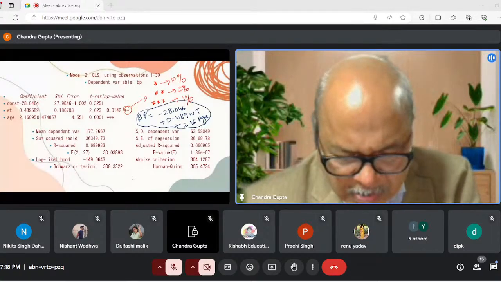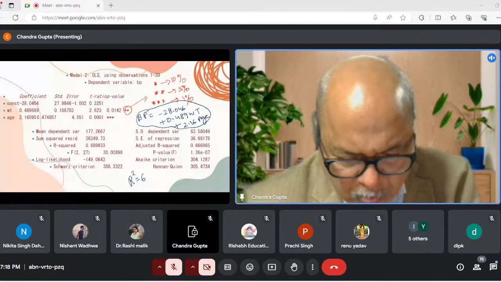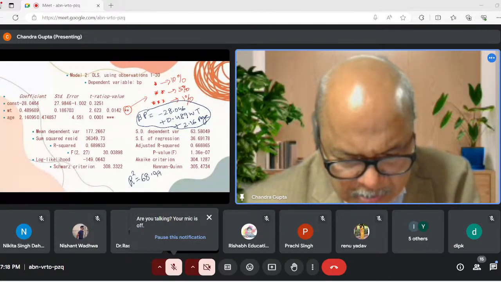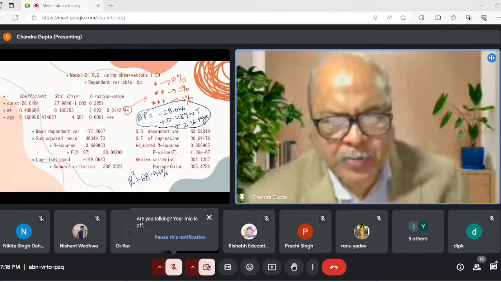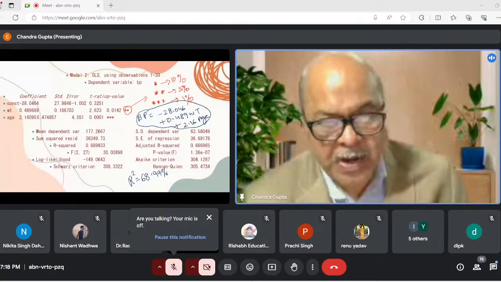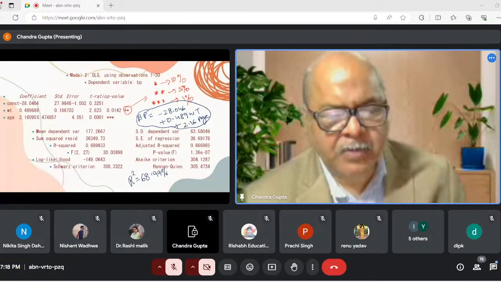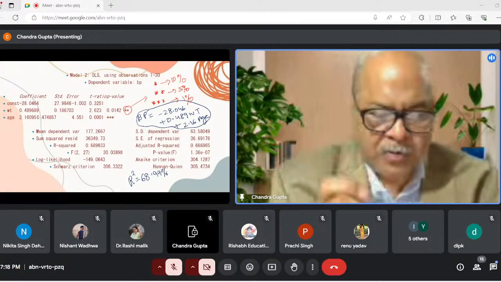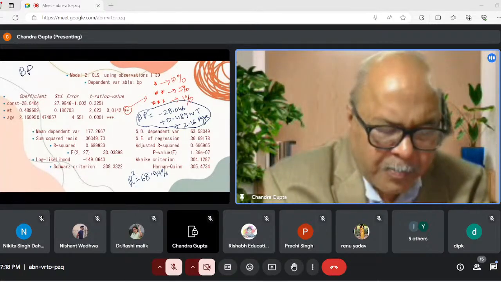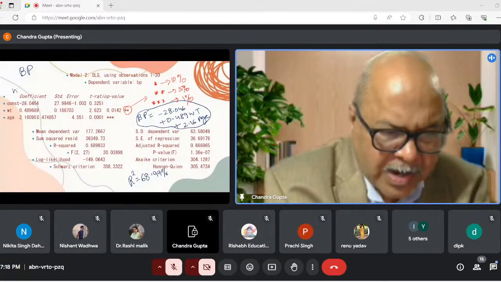R square is 68.99%. R square represents variation explained in dependent variable. So my dependent variable is blood pressure, and my independent variables are weight and age.